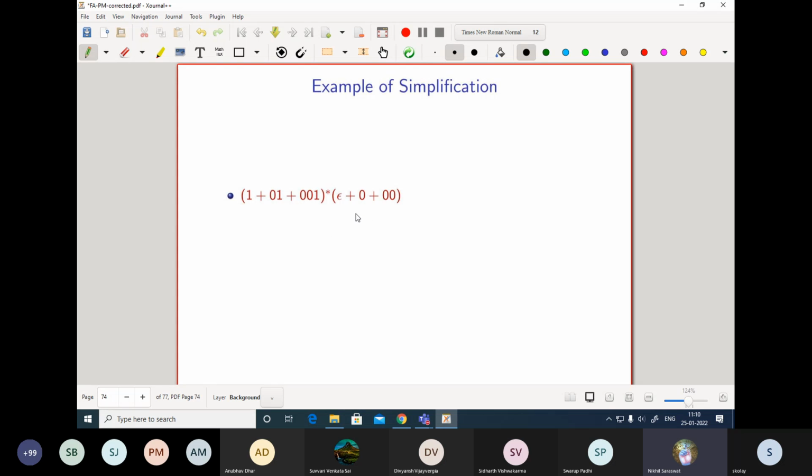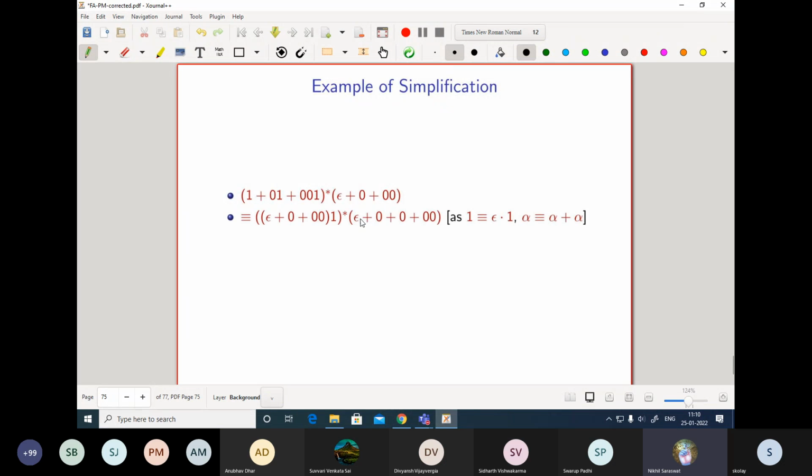We cannot right away see any structure of the strings in the language matching to this particular regular expression. But you will see that if I apply simplification rules appropriately, it will come out to be a regular expression where you can easily decipher what are the kinds of strings that are accepted.